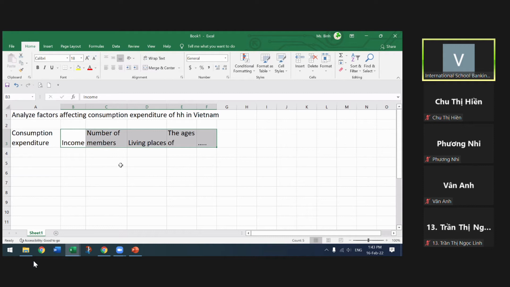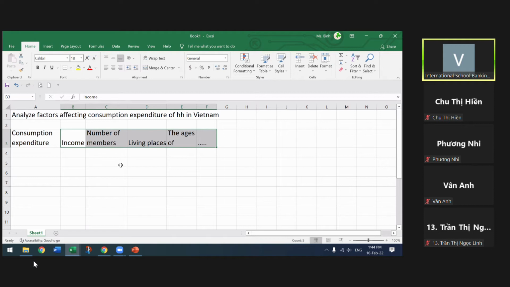You have to read theories about this topic, and you need to read previous research papers on these topics to see, in terms of the theories, which factors could affect the consumption expenditures. That means which factors that can affect consumption expenditure are already named in the theory.